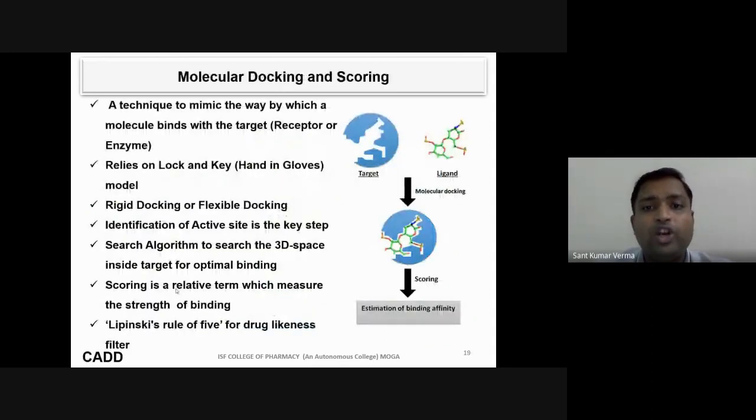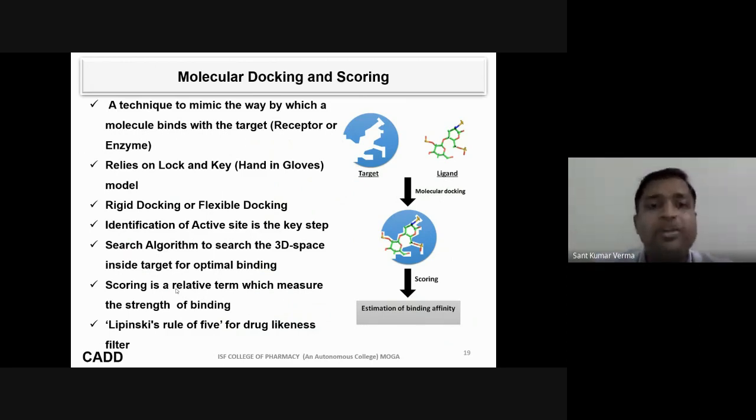The next step is molecular docking and scoring, where we dock a ligand, an energy-minimized conformation of the ligand, into the active pocket of the target, and estimate the affinity in terms of binding scores and binding energies from different energy functions.